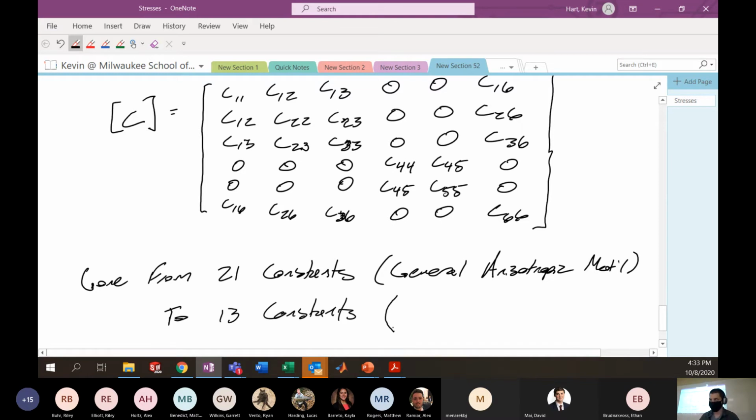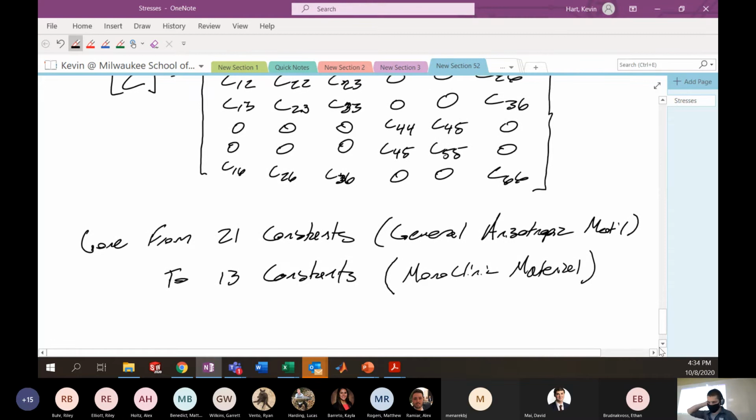A material with one plane of symmetry and only one plane of symmetry is known as a monoclinic material. Monoclinic materials have exactly one plane of material symmetry, right?